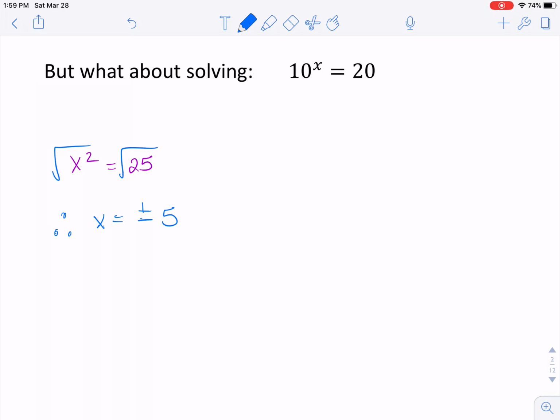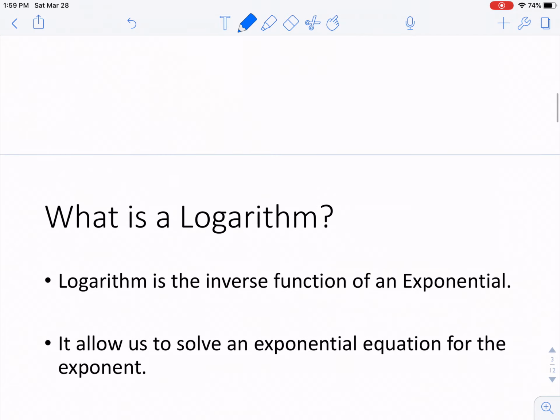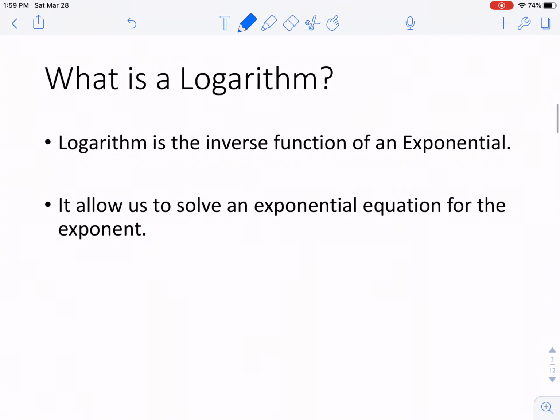So, is there a way to do that? Well, square roots undo squaring, cube roots undo cubing, fourth roots undo raising something to the power of 4. So it probably holds true that there's something we can do to an exponential equation to isolate the x. Shocker. That's what's called a logarithm.